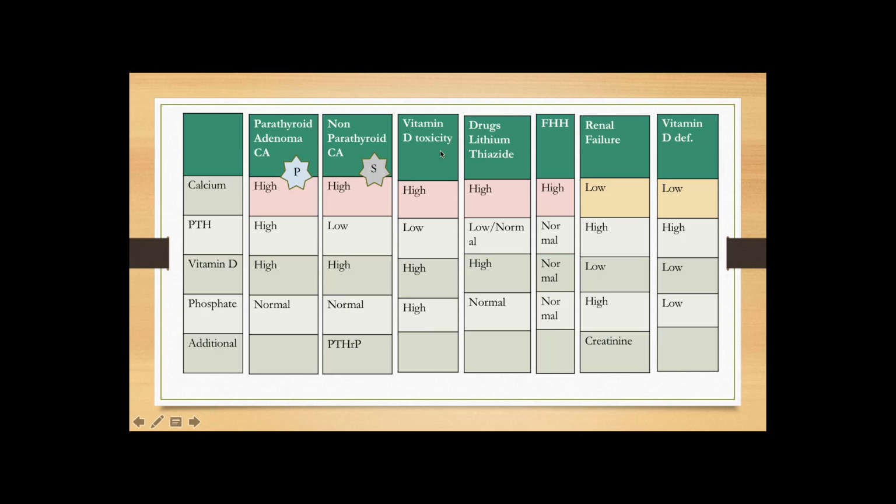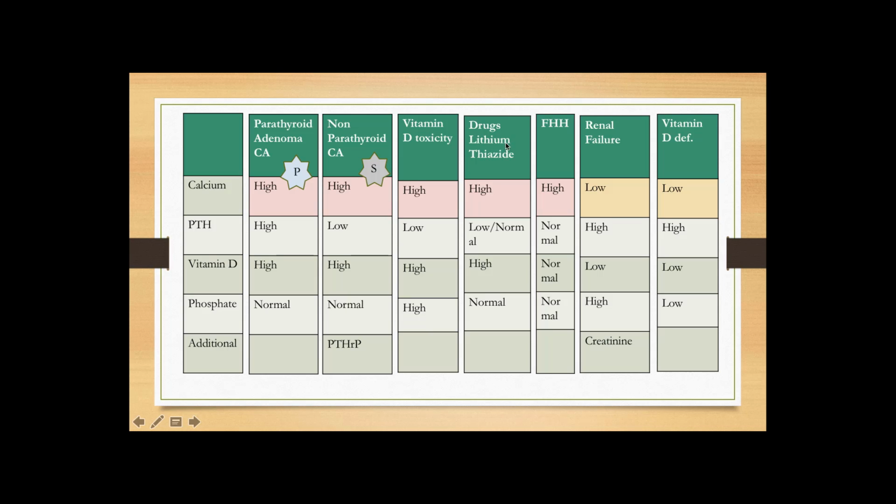In vitamin D toxicity, calcium will be high, and your parathyroid hormone will be low, and then vitamin D and phosphate will be high too. So if you see that picture, you can draw vitamin D levels right here, and that's how you know this is vitamin D toxicity.